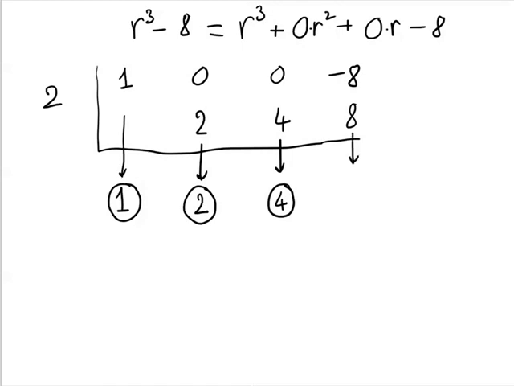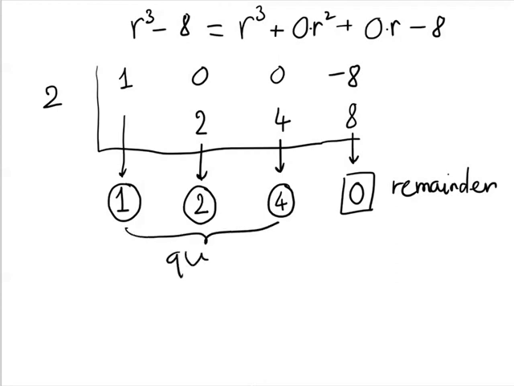And negative 8 plus 8 is 0. Good, the remainder must be 0 because r equal to 2 is a root. And we have the quotient, which is r squared plus 2r plus 4.